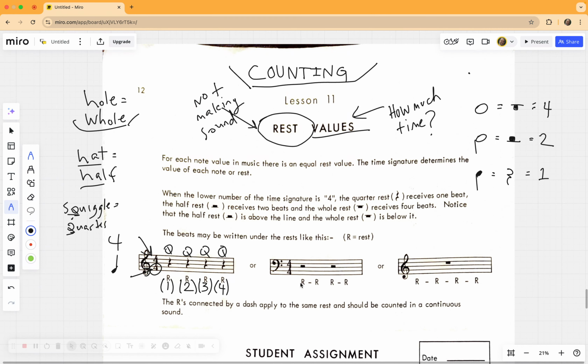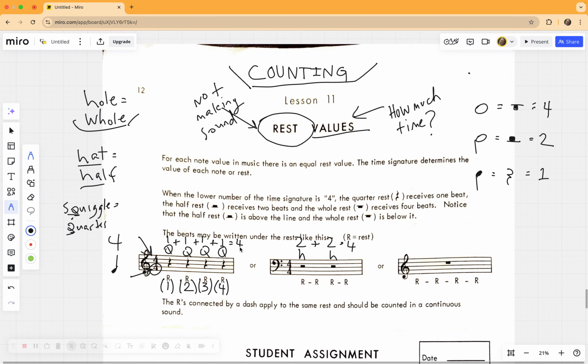So this is a half rest and a half rest. If you notice, it's 2 beats plus 2 beats, which equals 4. And every measure in 4/4 has to have 4 total beats. And if you look over here, quarter is 1 plus 1 plus 1 plus 1.